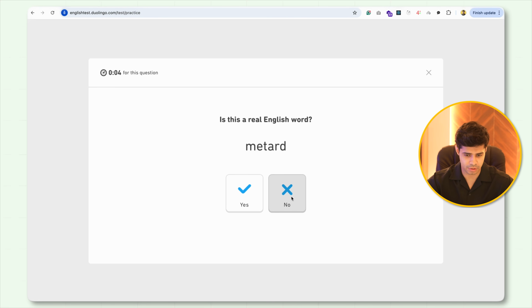Metard. Is this a real English word? No. Proligians. I don't think so. Restless? Yes. Innovation? Yes. Displacement? No. Chain? Yes. Permanent? No. Cholution? No. Respective? Yes. Velar?